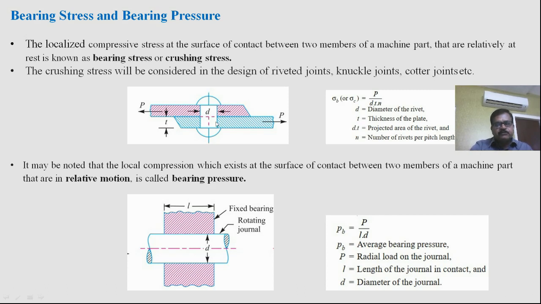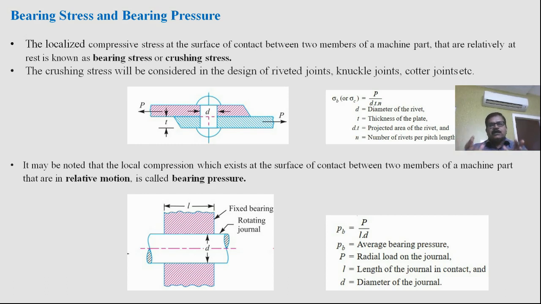Rivet is placed within the plates by drilling a through hole. So in the through hole, the rivet shank is placed. When the plates are pulled apart, the hole in the plate is pressing against the shank of the rivet. Then the shank of the rivet is subjected to a condition called crushing.